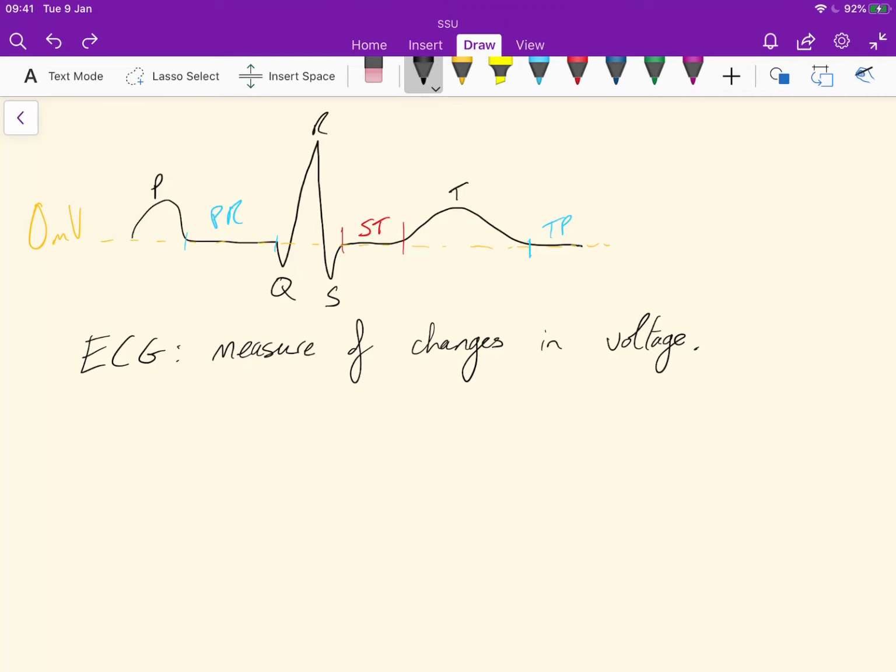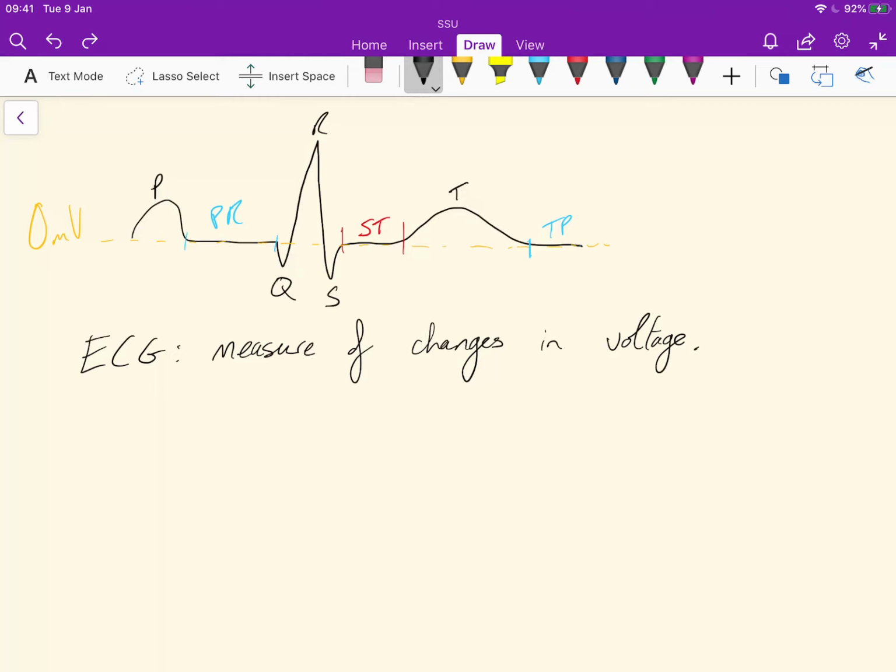So we get an increase in the voltage measured, a positive voltage measurement there. With the QRS complex, it's the ventricles depolarizing, hence why we get the QRS complex. We have depolarization moving towards and away from the lead, depending on where it is. And the T wave is the repolarization, which is repolarization moving away from the overlying lead, hence why it's positive.